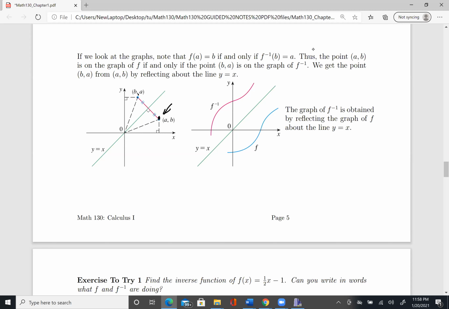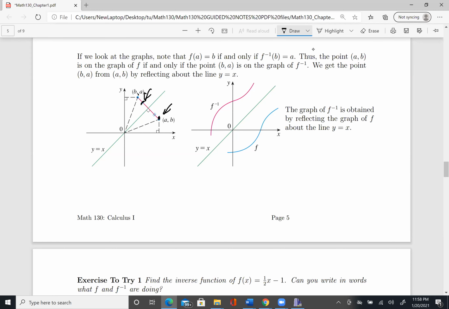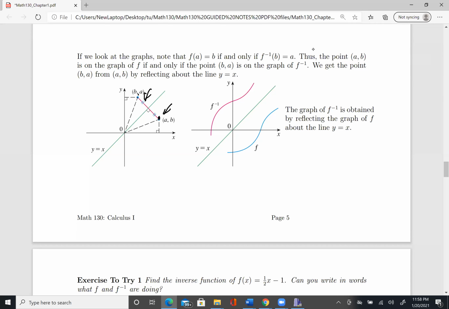So you can see that this is a perpendicular line, and the two segments are equal to each other. And then a comma b and b comma a are inverses of each other, they are just reflected by y equal to x.